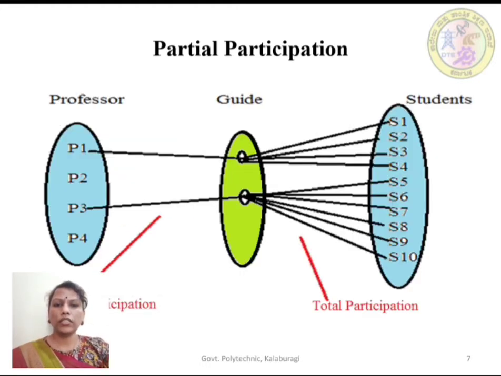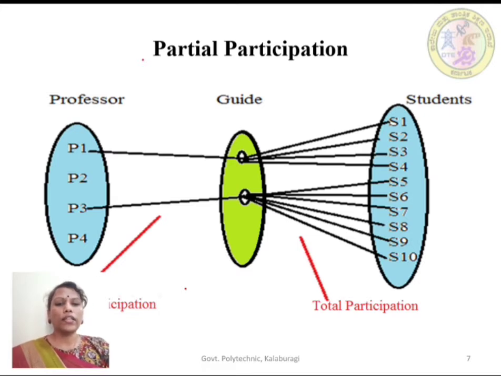See here the same thing with the instance diagram. We have professor and student entity types. In professor we have only 4 entities, P1, P2, P3, P4. That means we have 4 professors. And this guide relationship has only 2 relationship instances, R1 and R2.